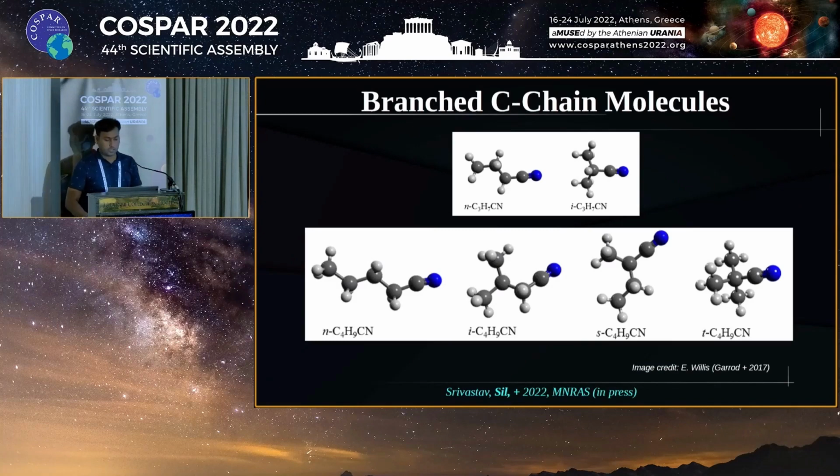Then the branched carbon chain molecules: N-propyl cyanide and I-propyl cyanide were already detected by Belloche et al. 2014 in the Sagittarius B2 region, and Garrod et al. 2017 predicted with their model that S-butyl cyanide could be a probable candidate for future astronomical detection.